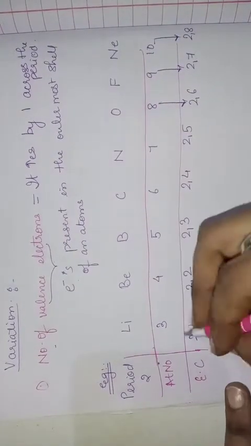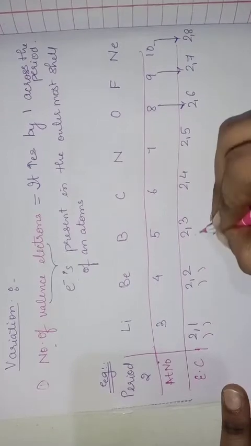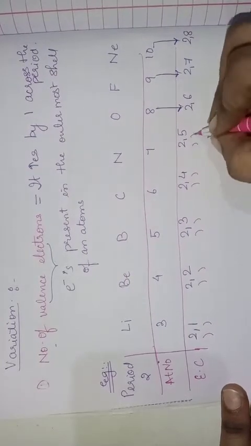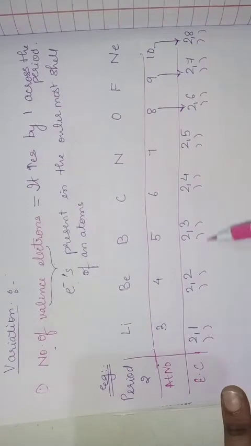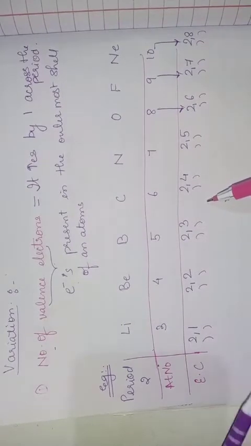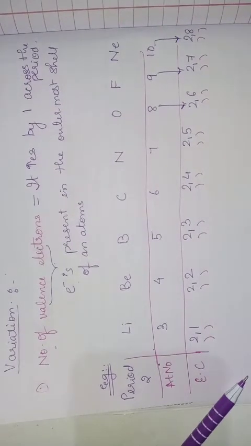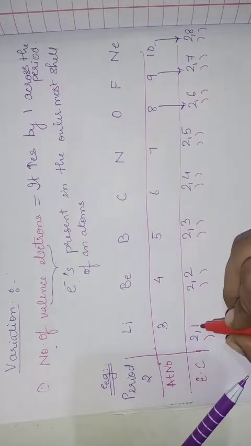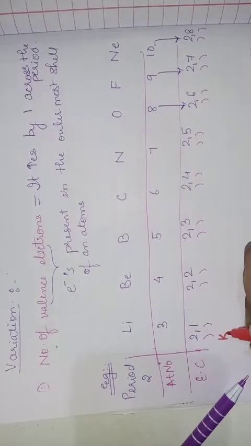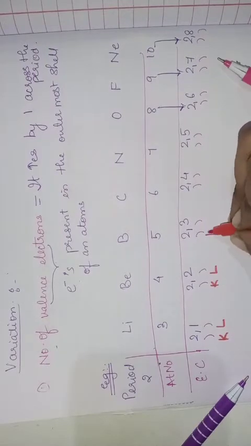Now let us see. In period 2, there are only 2 shells. Yes or no? As you can see, there are only 2 shells. So the first property is that period number is equal to the number of shells. Now, the valence electrons successively increase. The number of valence electrons is the number of electrons present in the outermost shell. So, what is the outermost shell here? The L shell.